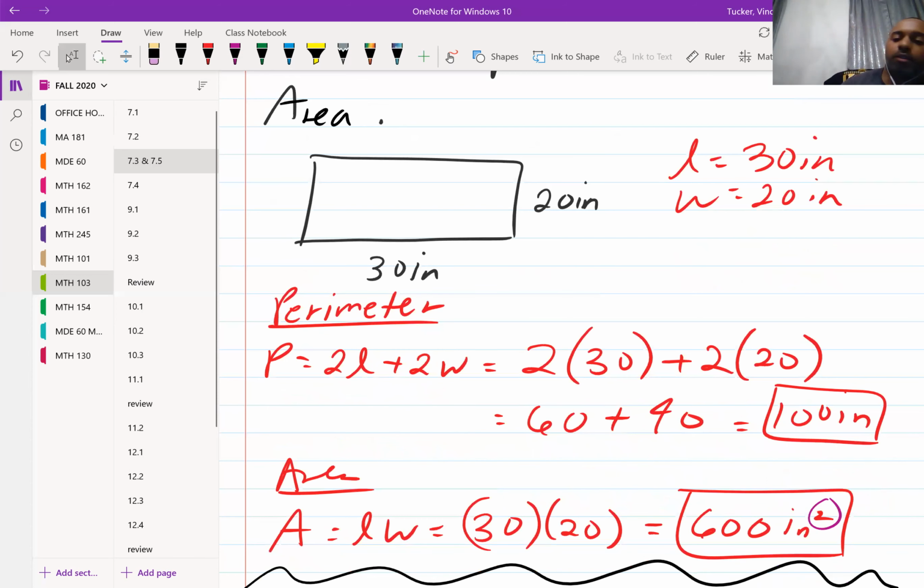So notice perimeter, our measurement is in inches. Area measurement is in squared inches.